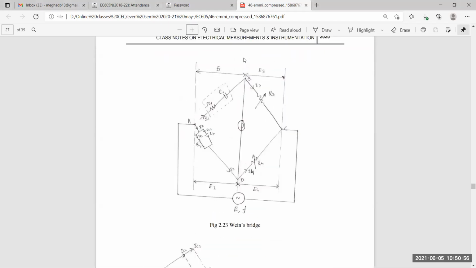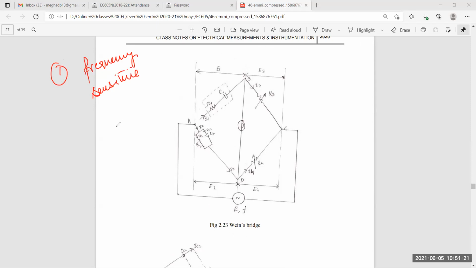In this figure, see, Wien's bridge is very sensitive. If you come in the lab and see Wien's bridge, the first feature is that it is very frequency sensitive. Thereby it is difficult to obtain the balance point here.